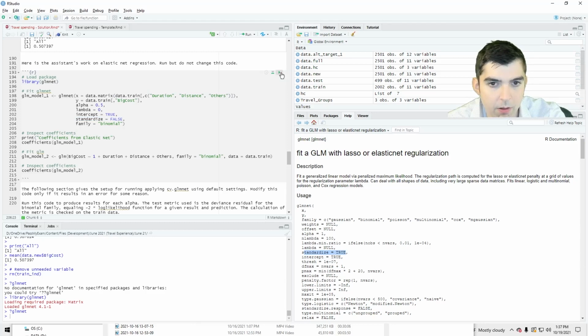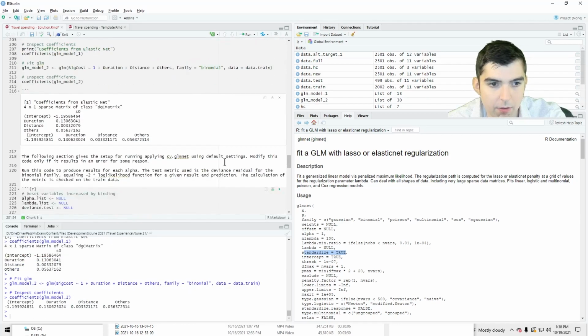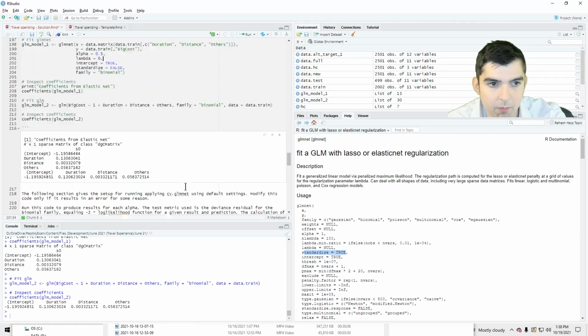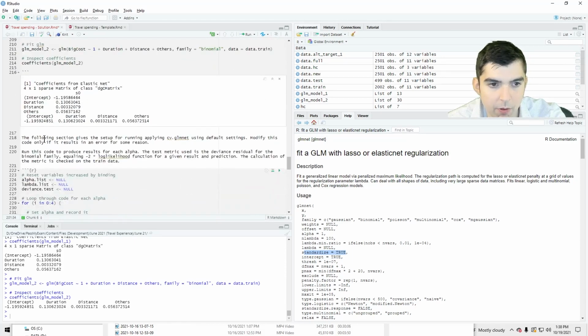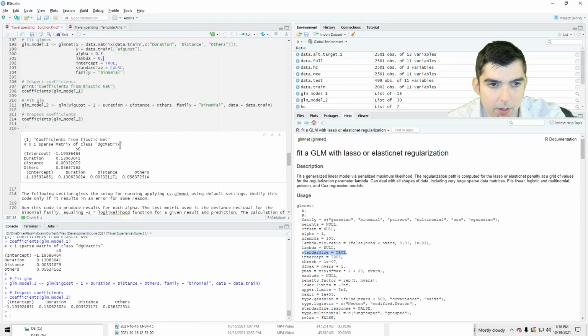Now, because you're not using, yeah, so here's the intercept, duration, distance, others. And the following section gives a setup for running. Okay.